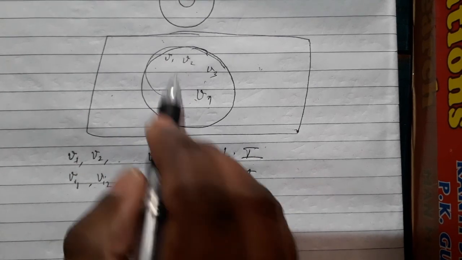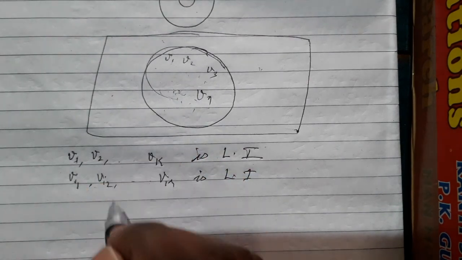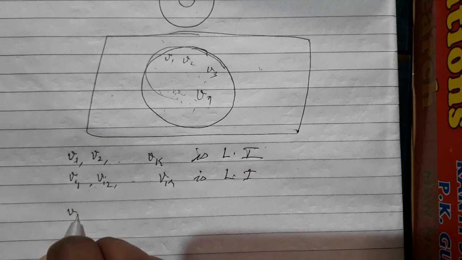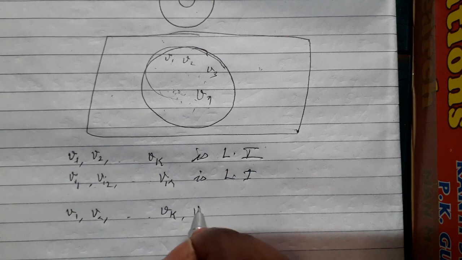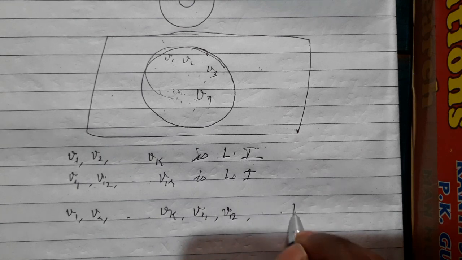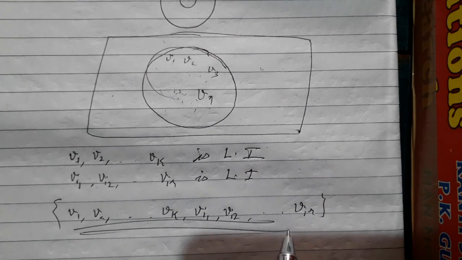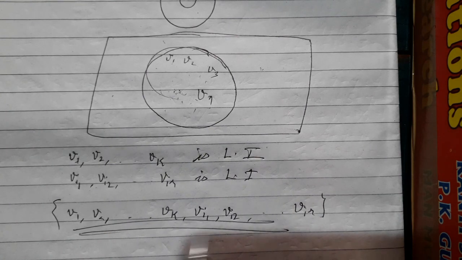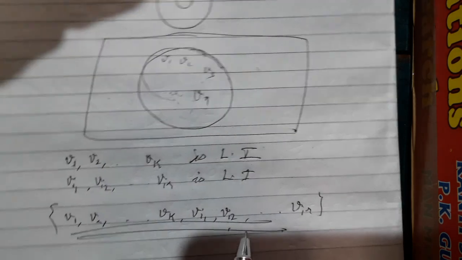If I combine these together, v1, v2 till vk and vi1, vi2 until vir, then this set is also linearly independent and will be capable of spanning W also. So that is our remark.